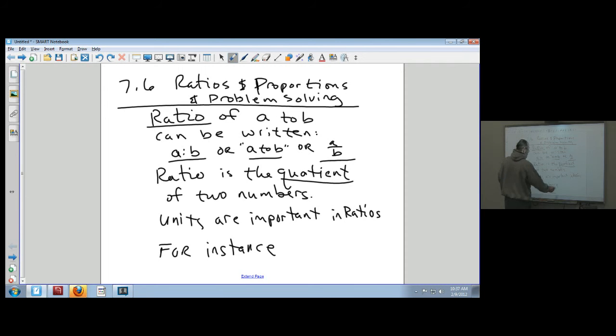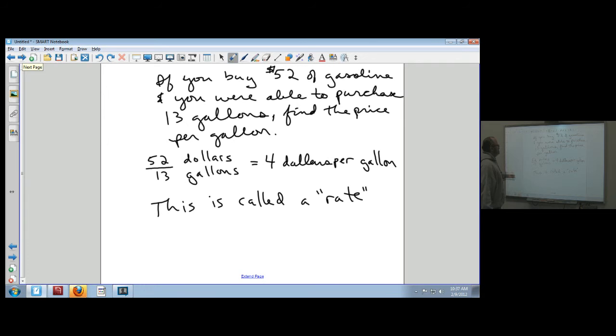For instance, if you buy $52 of gasoline, now that doesn't seem like much anymore in today's economy, but if you were to buy $52 of gasoline and you were able to purchase 13 gallons, to find the price per gallon means that we would divide 52 over 13.